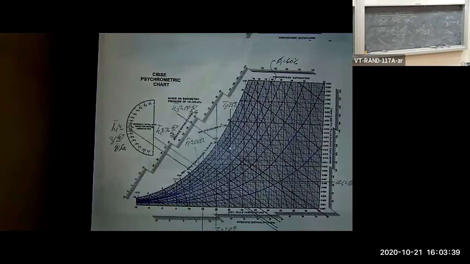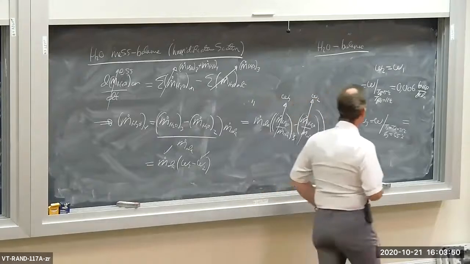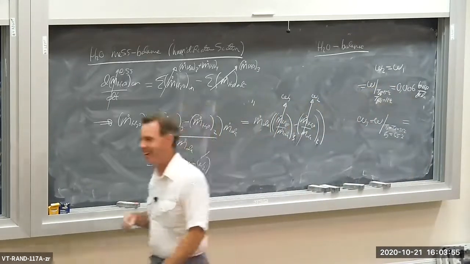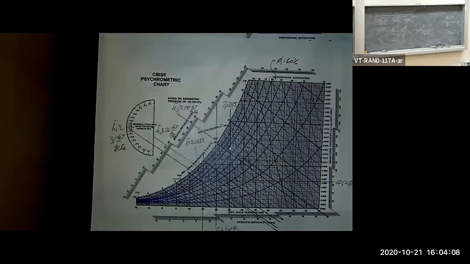Okay? I'm going to put 59 in. All right, so H tilde 3, about 59. Oh, I'm sorry, I don't want H tilde 3, I want the humidity ratio. What am I doing? Okay, all right.